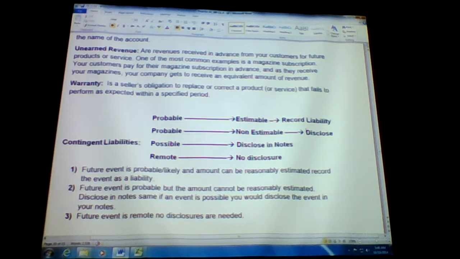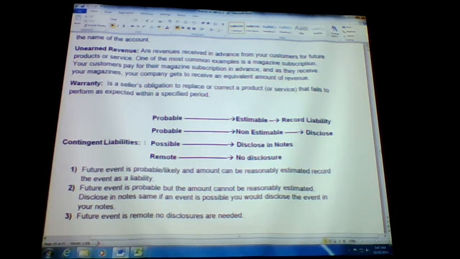So management often uses those notes to give information on things that may be happening or are happening that they want you to understand, why they're using this estimate amount or why they're doing something a certain way that you may not necessarily agree with.